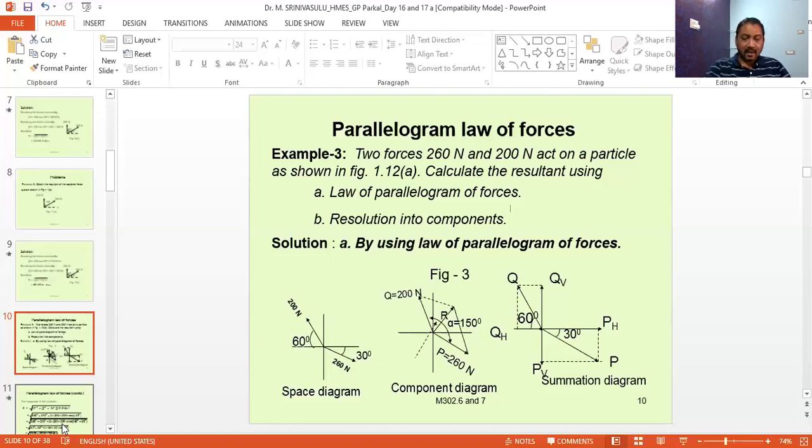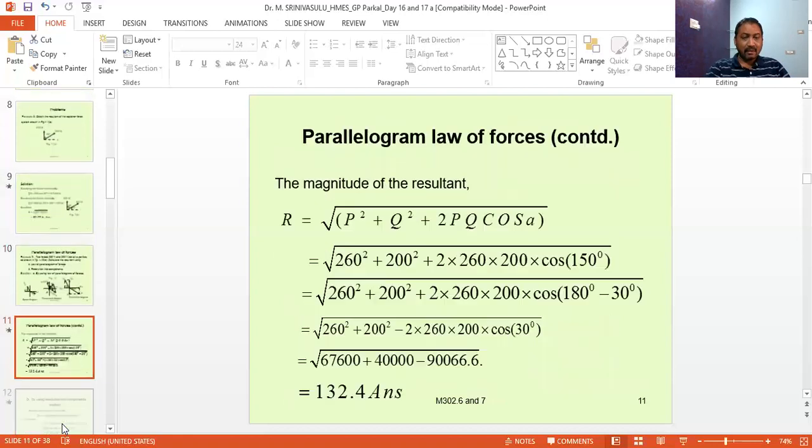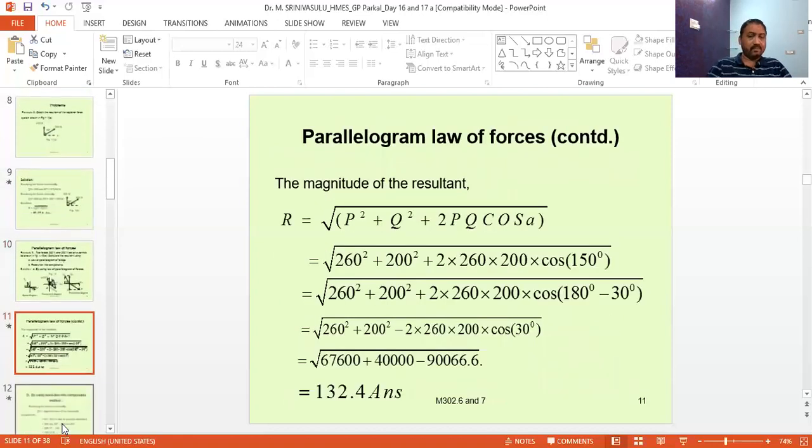So here the magnitude of the resultant R is equal to square root of P square plus Q square plus 2PQ cos alpha. Here P value is 260 newtons and force Q is 200 newtons, and the included angle between the forces is 150 degrees.